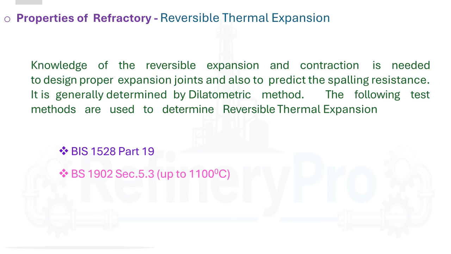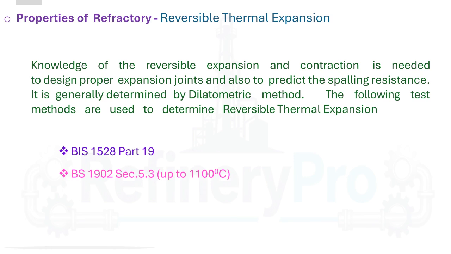Why does this matter? Because in a furnace lining, bricks are constantly expanding and contracting with every heat cycle. If proper expansion joints are not designed, the bricks will press against each other, creating compressive stress. The result is spalling, cracking, and premature failure.